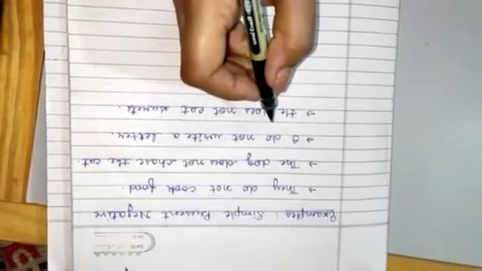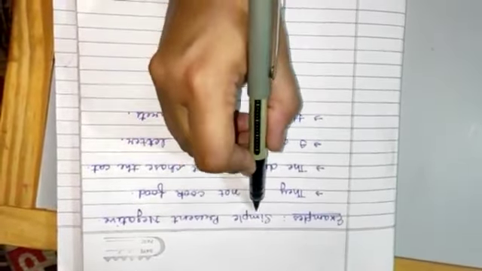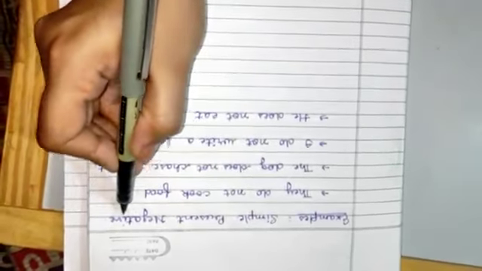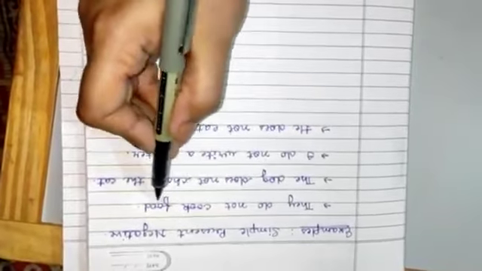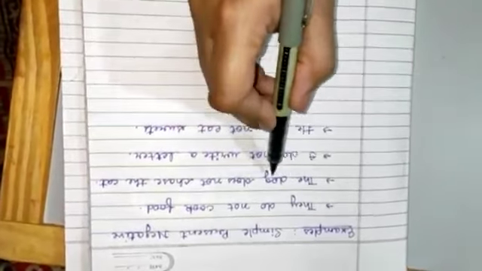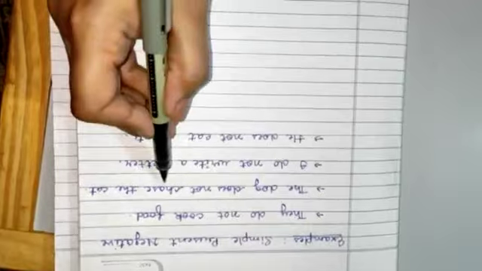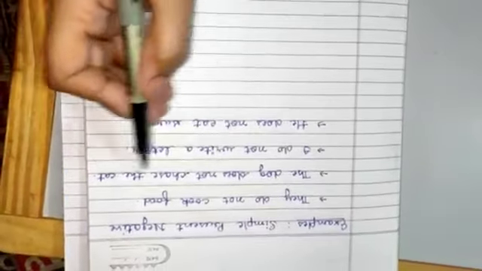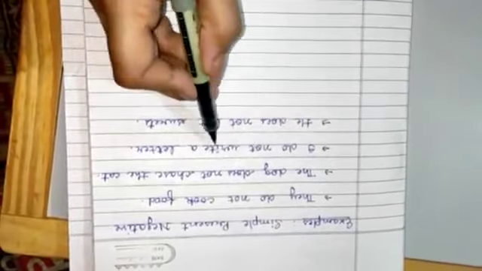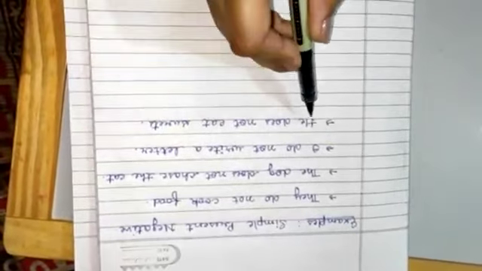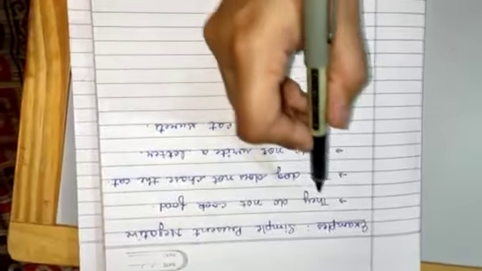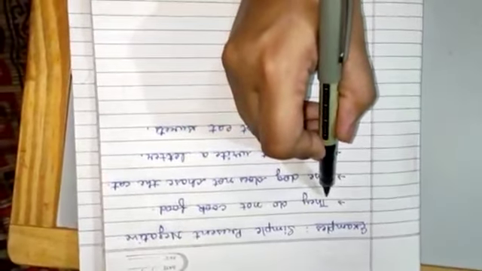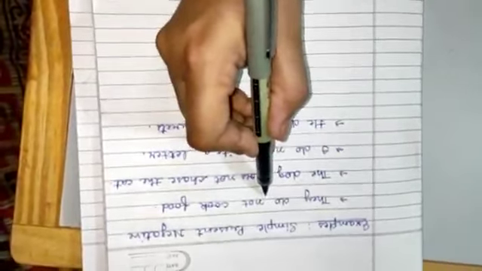Let's read some more examples of simple present tense negative form. They do not cook food. The dog does not chase the cat. I do not write a letter. He does not eat sweets. So you will observe the subjects and the helping verbs used here.